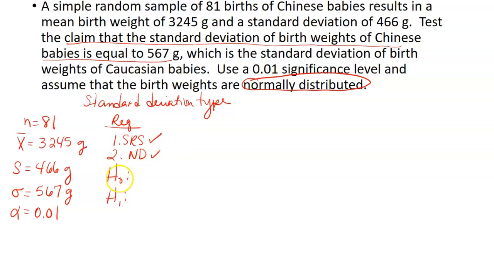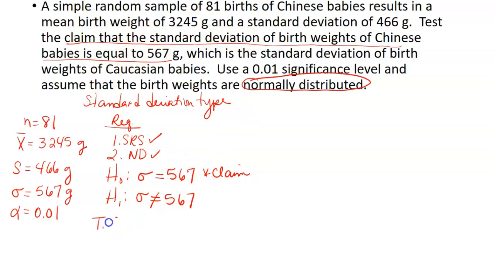Since we're testing the standard deviation type, our null hypothesis is going to be sigma equals, and the value that it equals is always going to come from the claim, so that's going to be this 567. Our claim is that it is equal to that, so our alternative is going to have to be the does not case. And this is actually going to be our claim statement here. This is the one that states in symbols what our claim says in words.